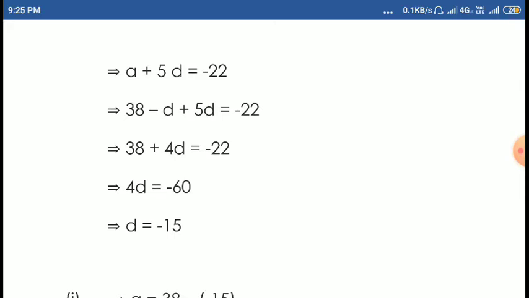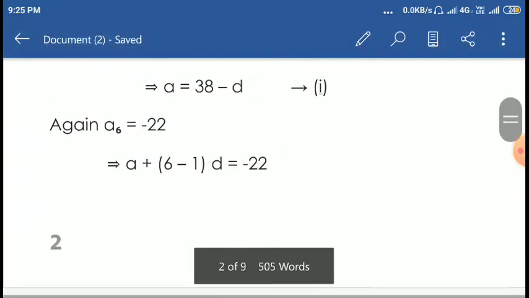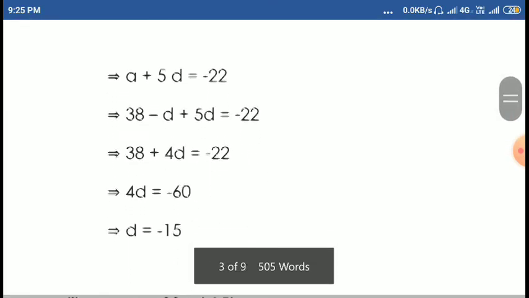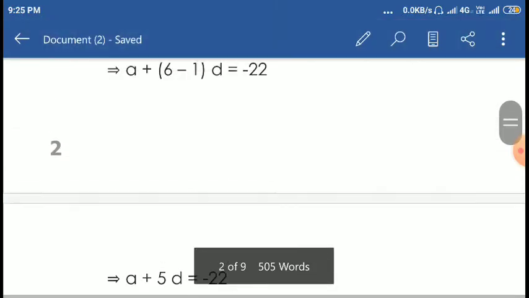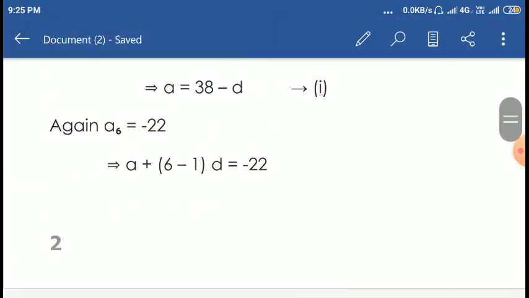Then from equation 1, substitute the value of A, 38 minus D, so it becomes 38 minus D plus 5D equals minus 22. I think you understood how to substitute the value, because we use the substitution method to solve this equation.